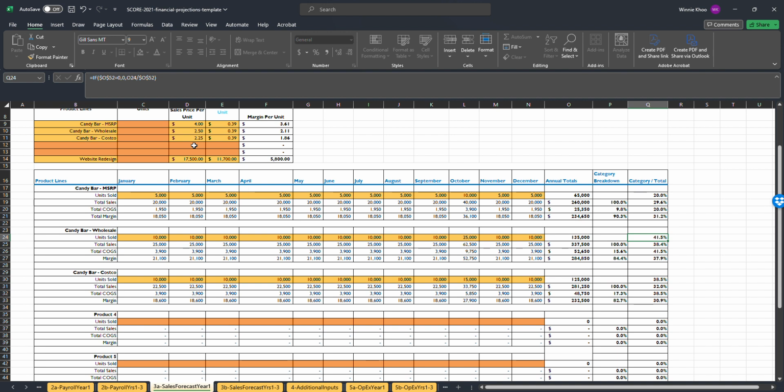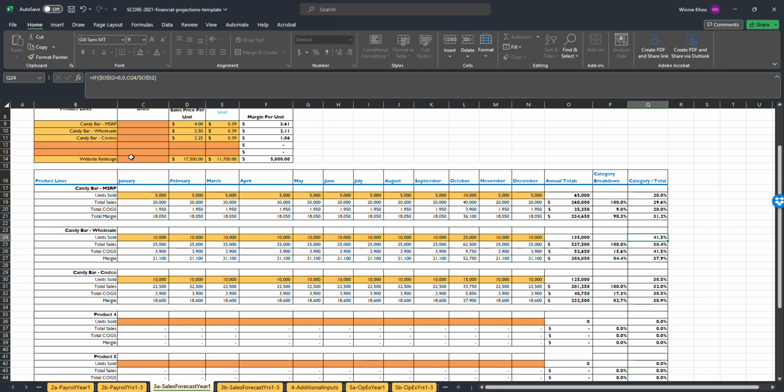And the market has a ceiling for how high the sales price can go. Like for candy bars, are people really going to buy a candy bar at $10 a bar? I doubt it. It would have to be a super ultra premium product to merit a really high price point. Okay. So that's product COGS.